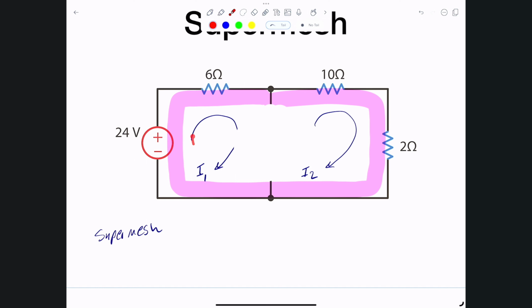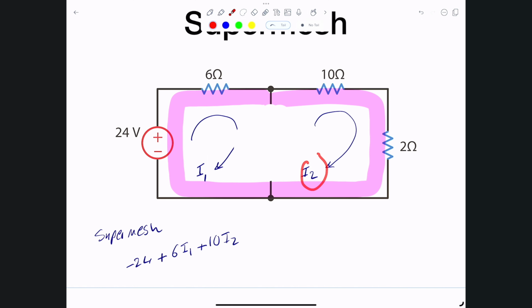So we'll start like usual. This is the I1, so we'll go to the negative 24 in here. What happens with the I1 when it goes to the 6? Well, the 6 is only affected by I1, so I will just say plus 6I1, and again, you ignore this one in here. You just continue, and what you do see is the 10. Now, the 10 is affected by the second mesh current.